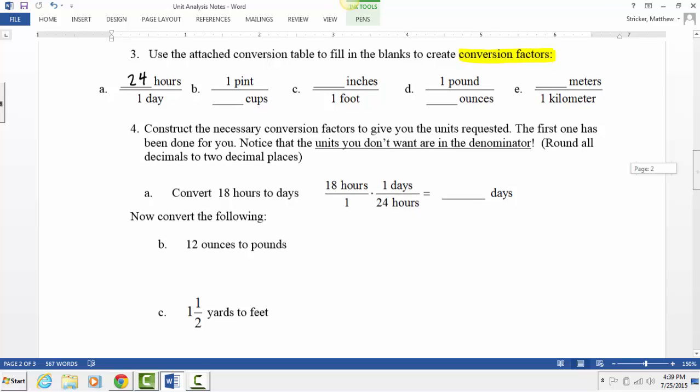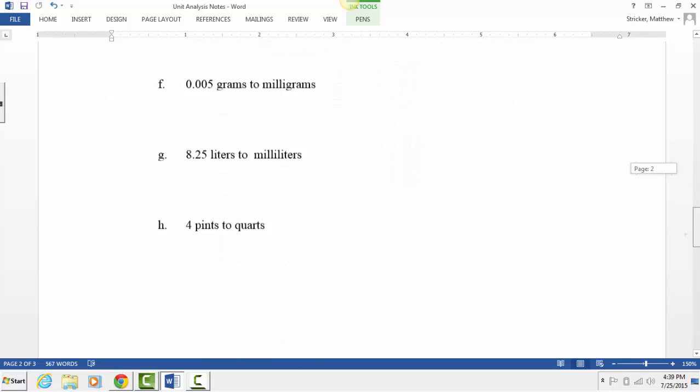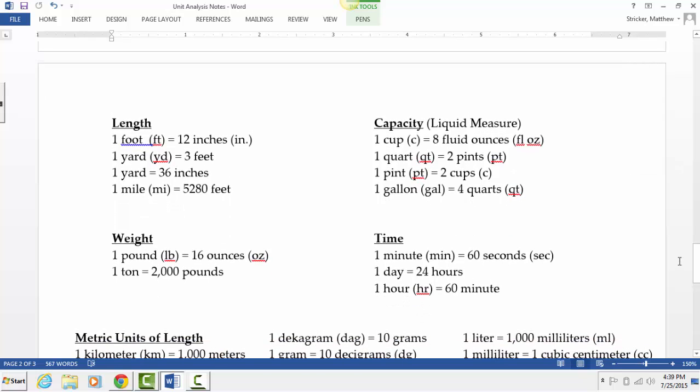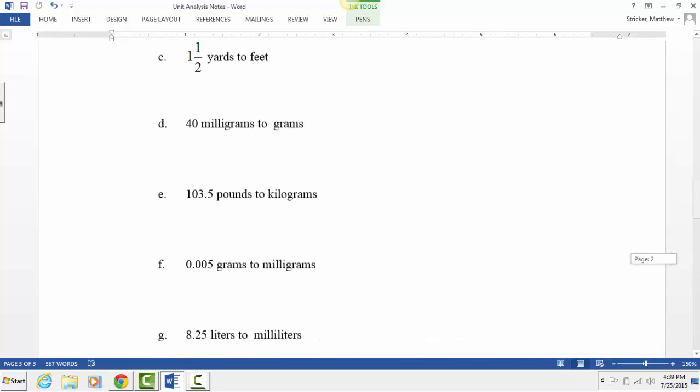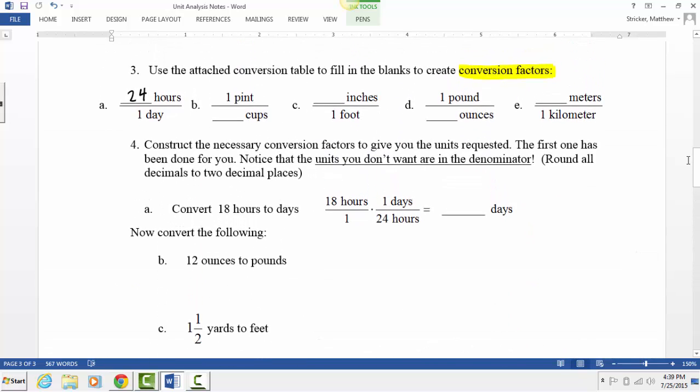Well, if you don't know off the top of your head, we could look back here in our conversion table, and you can see right here that 1 pint equals 2 cups. So we'll have 1 pint over 2 cups. That makes a conversion factor.